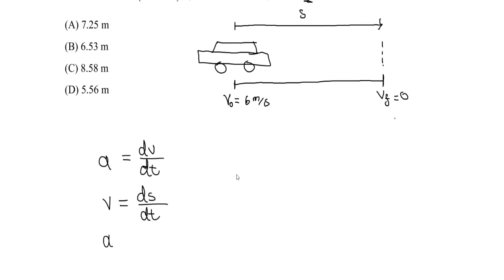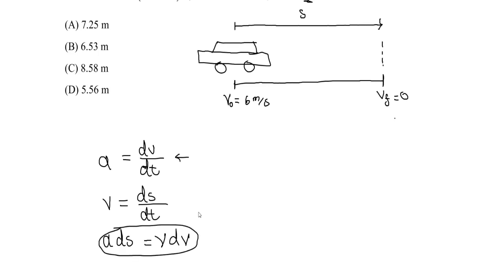Then the last one is a ds equals v dv. These are all given in the FE handbook 9.5 on page 77, and the new FE handbook 10.0 on page 115. And the one we're going to use is this one.